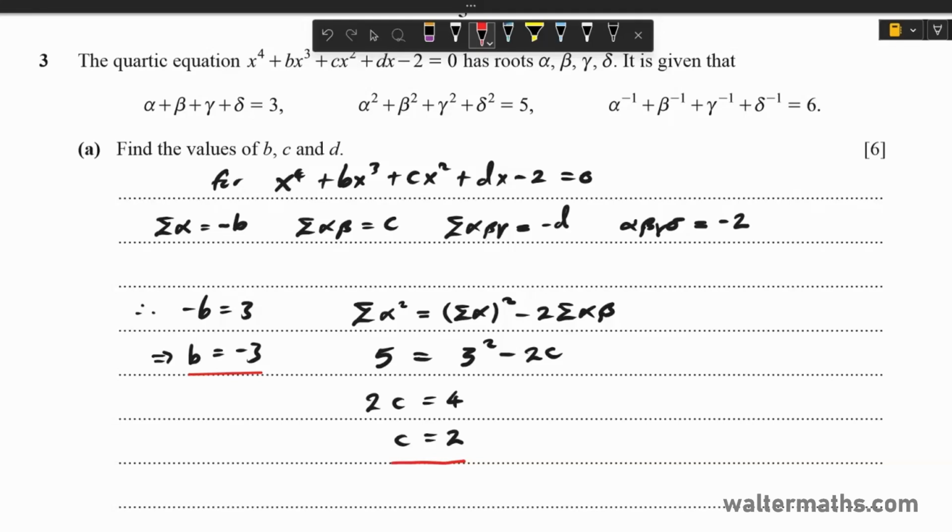Okay, next up, they've told us that the sum of the reciprocals of the roots is equal to 6.